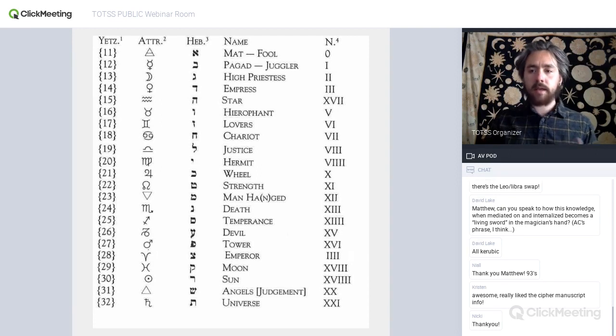But I think it also looks at these things as if we're just chopping up the universe into 32 boxes or 22 boxes. But I think if we think of these things more like a language, and more like different overlapping relationships, both between symbols, and between things from the celestial world, the material world, things from our own psychology, different esoteric symbols, we see these things as networks of relationships.